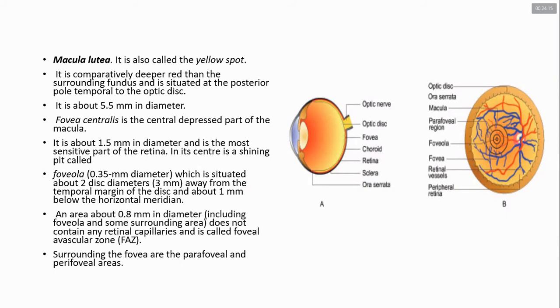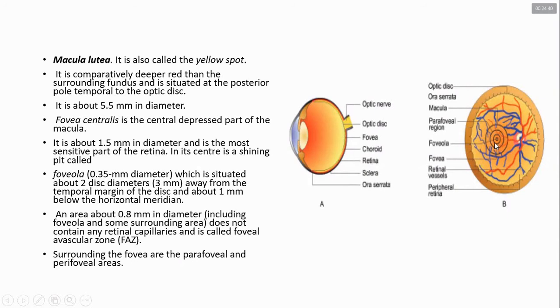Coming to the fovea, it is a more acute area, 0.35 millimeter in diameter, and it is situated about 2 disc diameters away from the temporal margin of the disc. One disc diameter is 1.5 millimeter, so 2 disc diameters is 3 millimeter.